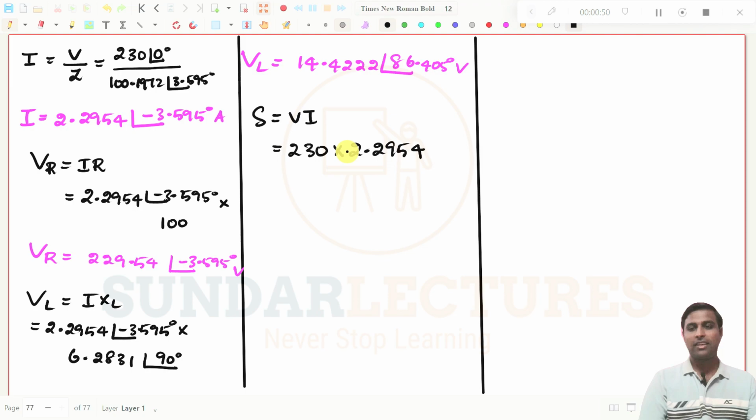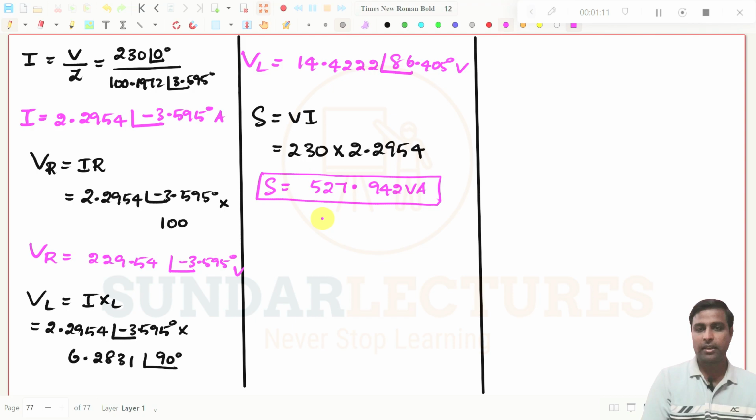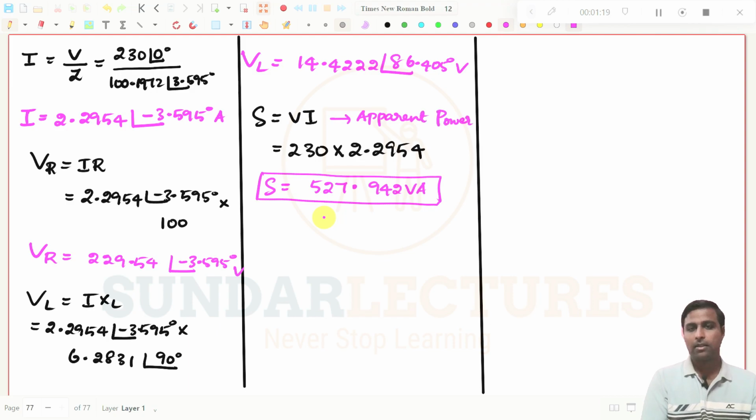And if you simplify this, I will get S equal to 527.942 volt amperes, VA, because I am just multiplying volt and amperes. So I will get this as volt amperes. This is the apparent power. Apparent power. This is very important. Very important. Try to understand.